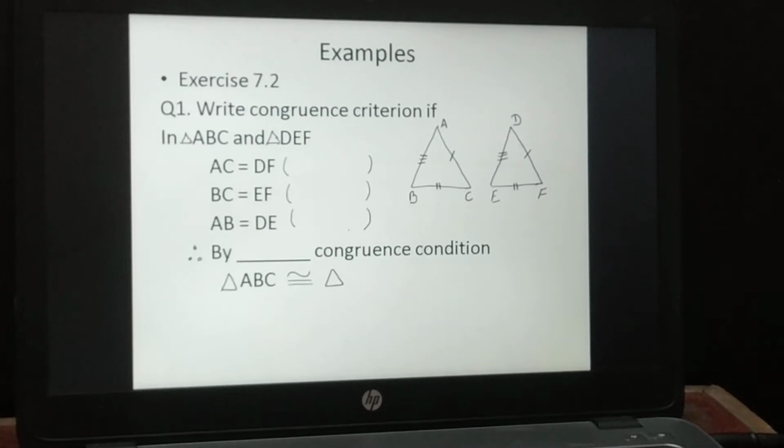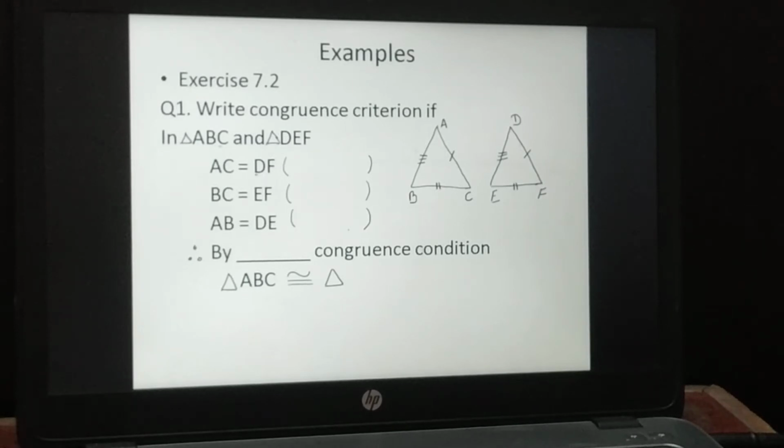Now we will see with a few examples how we apply this SSS congruence rule. One more thing: whenever we are solving questions from the congruence topic, our way of writing is always the same. So what is the way of writing? We always compare two triangles, in triangle ABC and DEF, whatever the triangles' names are. On the left hand side we will write down all the parts of triangle ABC, and on the right hand side, where I have written DEF, we will write down all the parts of triangle DEF.